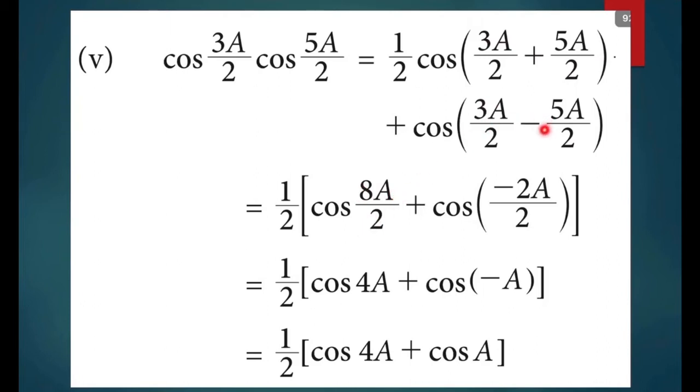Here subtraction, that is minus 2a by 2. While cancelling, it will become cos 4a. Here cos minus a, the 2 and 2 get cancelled. Remember cos minus theta equal to cos theta because cos is an even function. So cos minus a will become cos a. So 1 by 2 into cos 4a plus cos a.